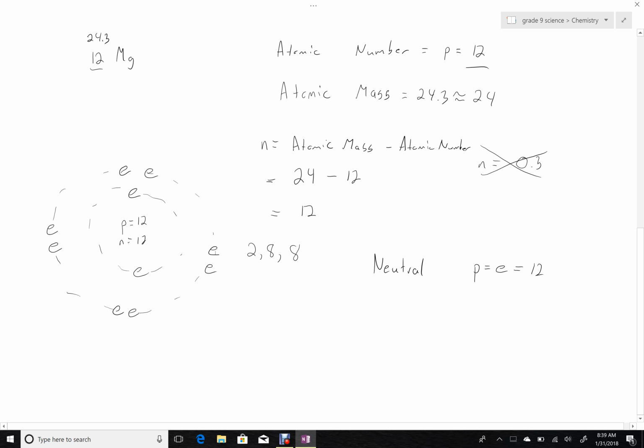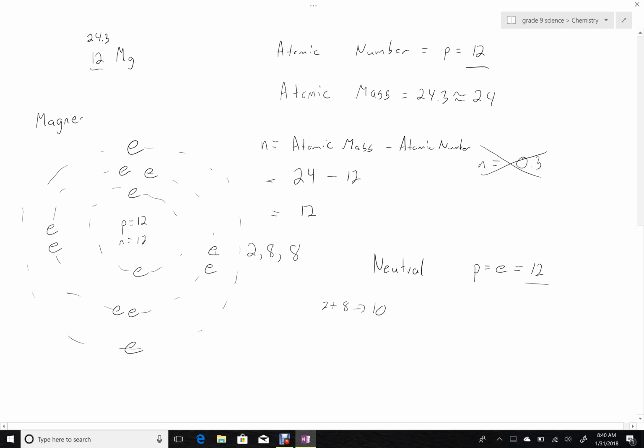So now I have a total of 2 plus 8. I'm up to 10, which means I have 2 left over for the next shell. And I'll put 1 up here and 1 down here to show that they're repelling. I'll keep them away from each other. And that's that. That's the Bohr-Rutherford model for magnesium.